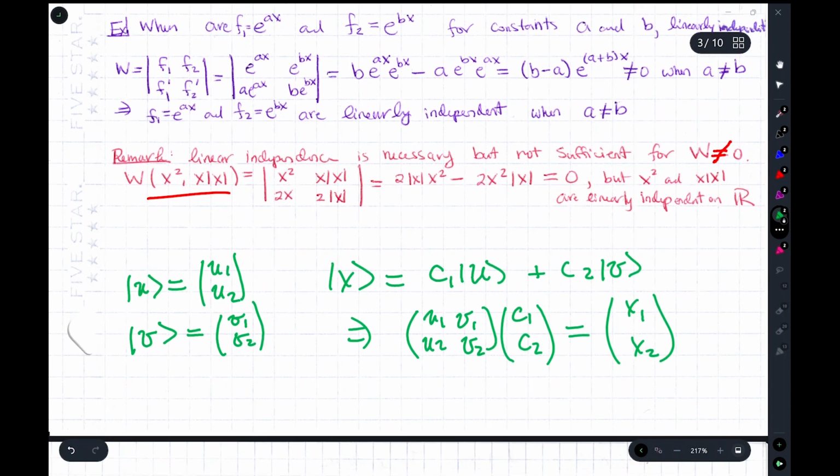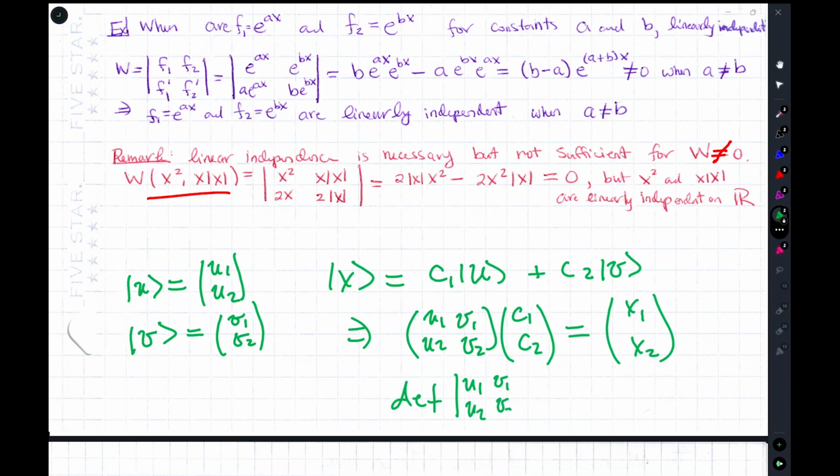In general, we're going to get a unique solution. These two vectors will be linearly independent, and we'll get a unique solution when the determinant does not equal 0. You could invert the matrix.